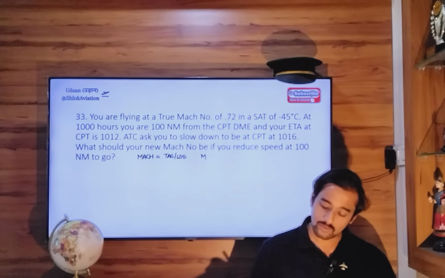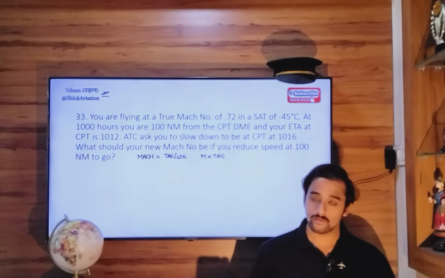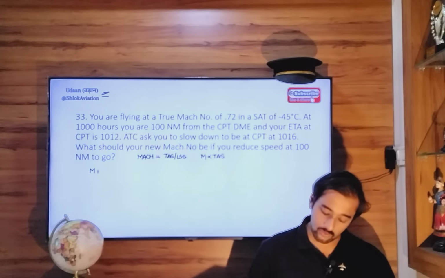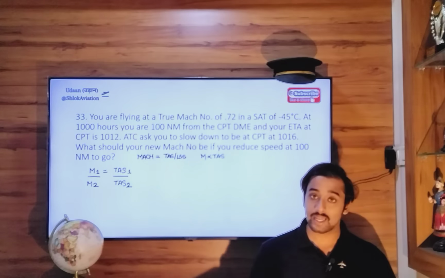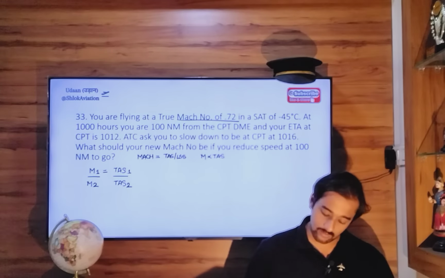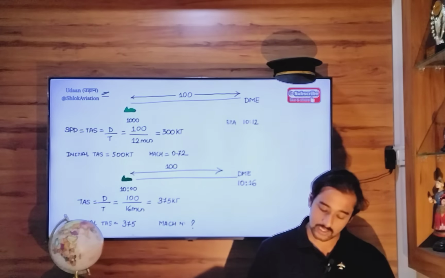So Mach number is proportional to true airspeed. That means Mach number 1 equals to true airspeed 1. Mach number 2 equals to true airspeed 2. Now what is Mach 1? That is initial Mach number given, 0.72. What is initial true airspeed? It is 500.